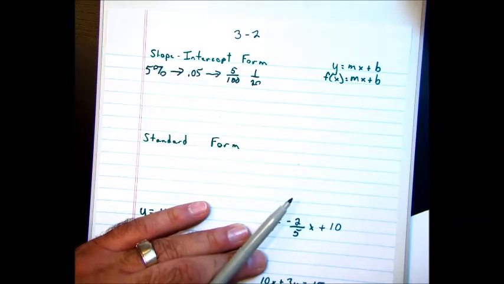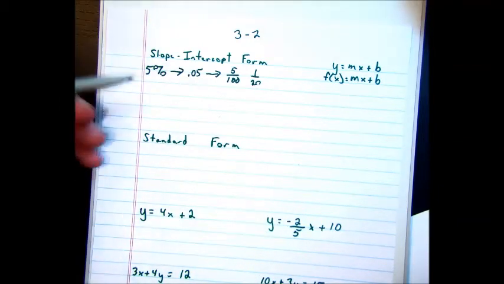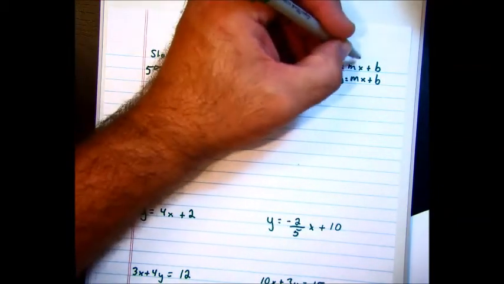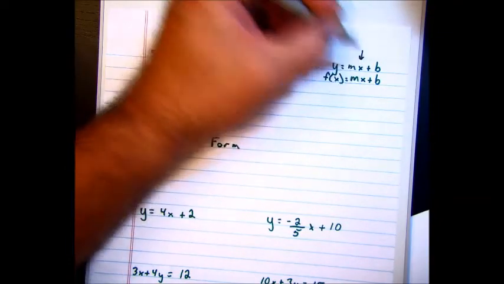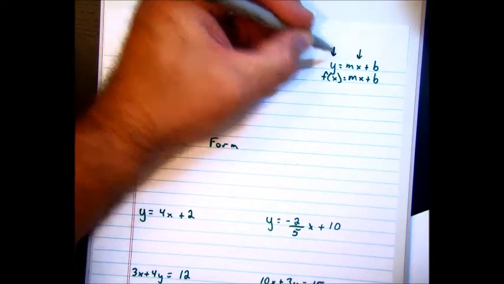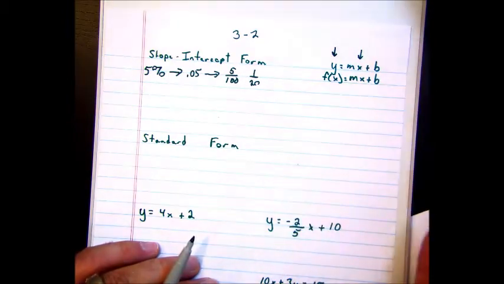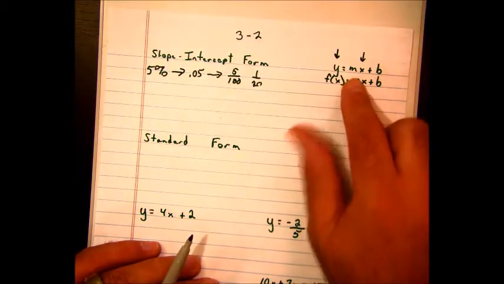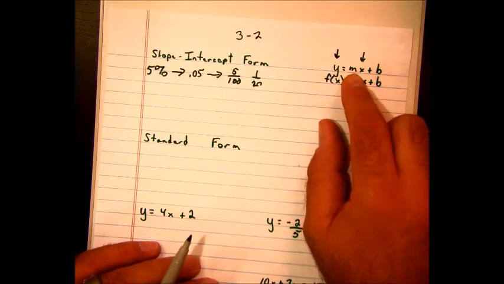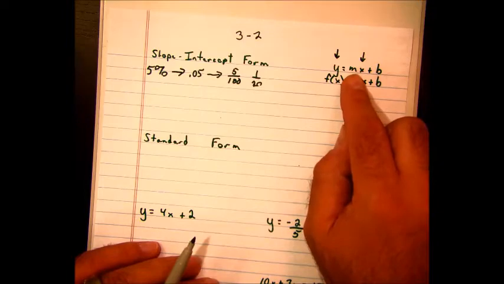Now, what makes them so different? When we write in slope-intercept form, we have an independent variable and we have a dependent variable. Meaning, the reason we write it out this way is because we have an obvious rate of change. Okay? We have something per something. All right.